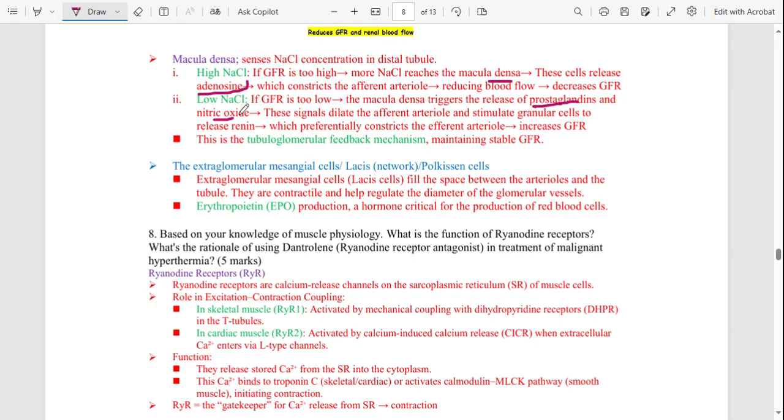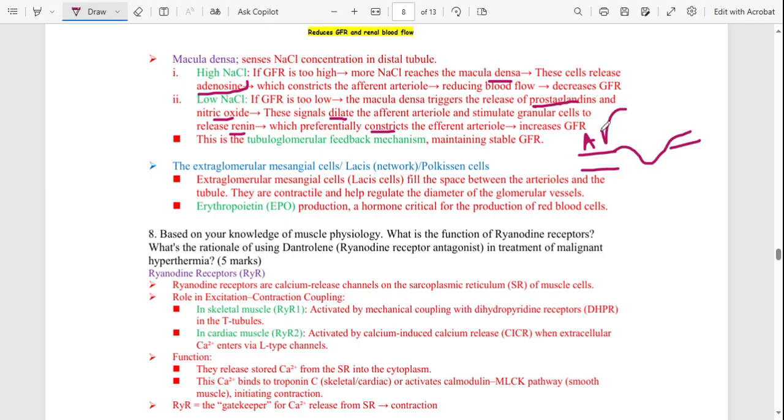When you have got low levels of sodium chloride, dilatation of the afferent arteriole happens, and that is also going to lead to the release of renin. And instead of the nitric oxide and prostaglandin just dilating the vessels, the release of renin is going to preferentially constrict the efferent. Remember, you have got the afferent, then the Bowman's capsule, and then the efferent.